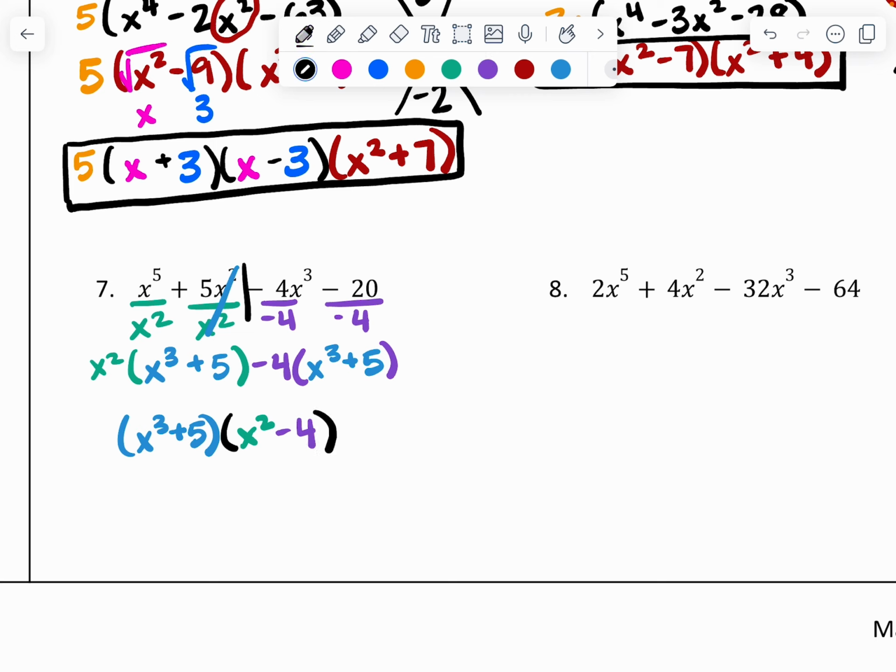And I can recognize that that is a difference of squares. So take the square root, and now I have x to the power of 3 plus 5 times x minus 2 times x plus 2.